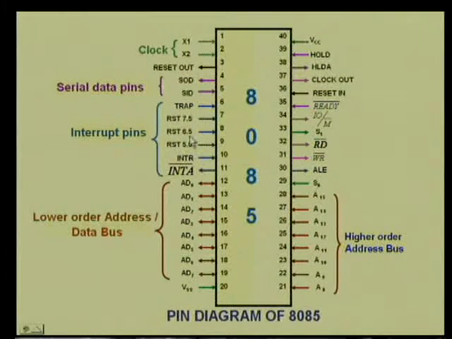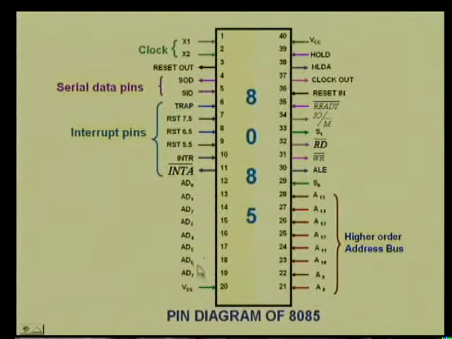Among these 5 interrupts, TRAP has the highest priority, and the next priorities go to 7.5, 6.5, 5.5 and interrupt request respectively. Interrupt acknowledge is an output pin. When the processor receives an interrupt request and accepts it, it acknowledges its acceptance to the peripheral by sending an active low signal over this interrupt acknowledge pin, which is an outgoing pin.